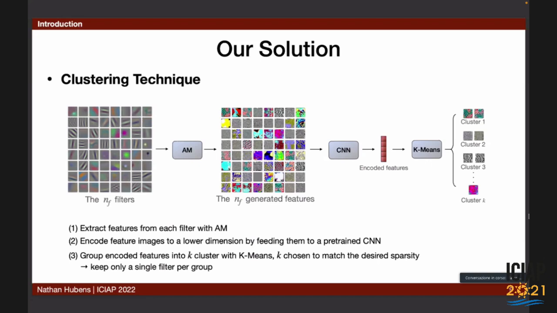As we want to keep a single filter per group, the parameter k is chosen accordingly. So let's say we have 64 filters and we want to reach 50% sparsity, then we will have 32 clusters and thus only have 32 remaining filters.